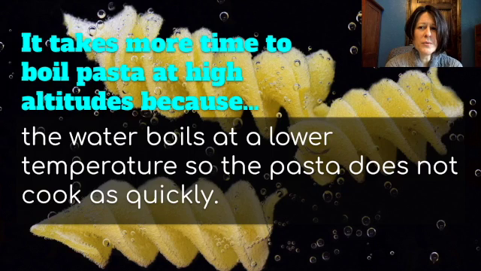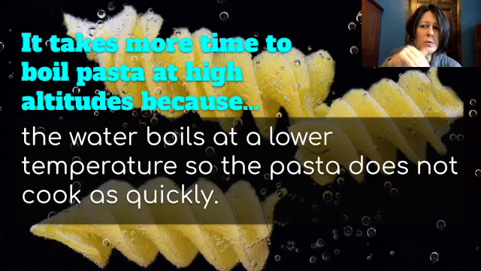This has to do with vapor pressure. Okay, so you're at a higher altitude, you have less pressure from the atmosphere, atmospheric pressure pushing down on the water. Boiling has to do with atmospheric pressure. You have to get the vapor moving to a certain point where it is equal to the atmospheric pressure.